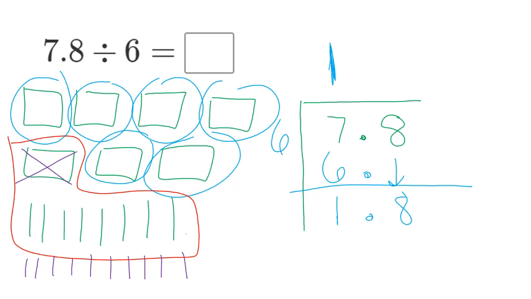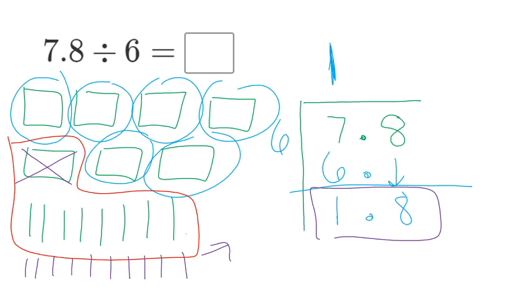And now, if you look, I have 18 tenths. Do you see how that kind of looks like 18 tenths? If I moved this over, 1 and 8/10 is the same as 18 tenths. I know I can share 18 tenths 6 ways.